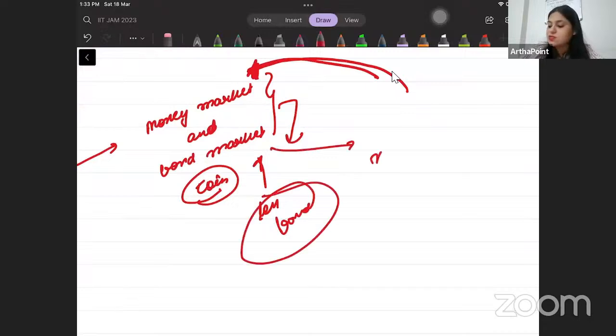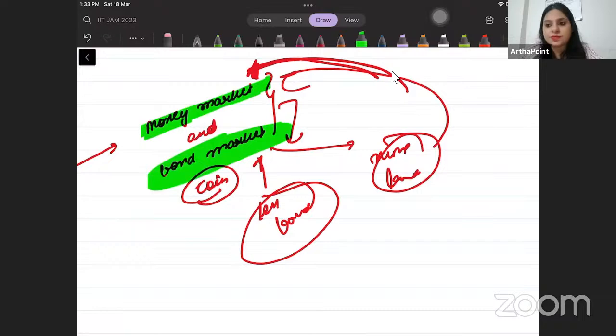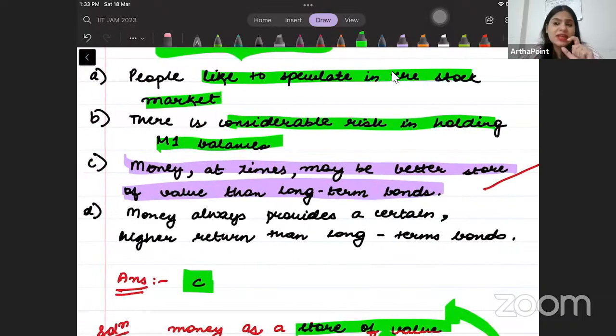And when you invest more in bond market, then you invest less in money. They are just two things going simultaneously. So that is why when you study one, you automatically study the other, right? So therefore, we always think that these are substitutes of each other.